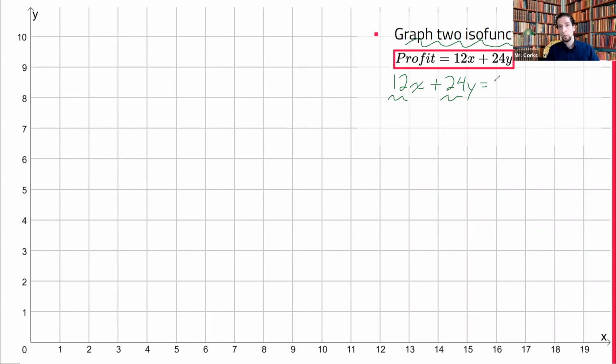So let's say we choose a really easy number like 24. If we do 24, what are the X and Y intercepts? 2 and 1. Okay. And then if we graph that line, we are going to get 2 and 1. So it's this tiny little thing off here in the corner.